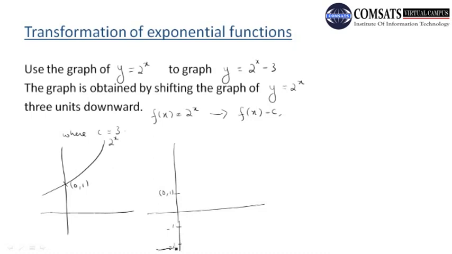So the graph will cross the y-axis at the point minus 2. It will again be an increasing function with a different y-intercept, (0, minus 2). So this is how we obtained the graph of our function 2 to the power x minus 3 using the graph of a known function 2 to the power x. So by knowing the graph of known functions, we can transform our exponential functions and draw their graphs easily.